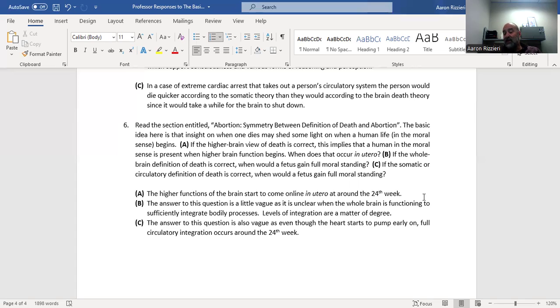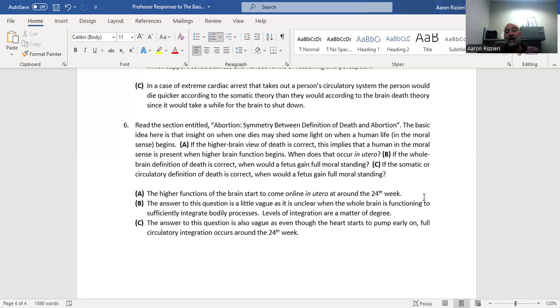When does that occur in utero? If you jump down, the higher functions of the brain start to come online in utero at around the 24th week. So the strategy here is to say, okay, if we're defining death as the loss of a function, then we're defining the beginning of a morally significant human life as when those functions begin.